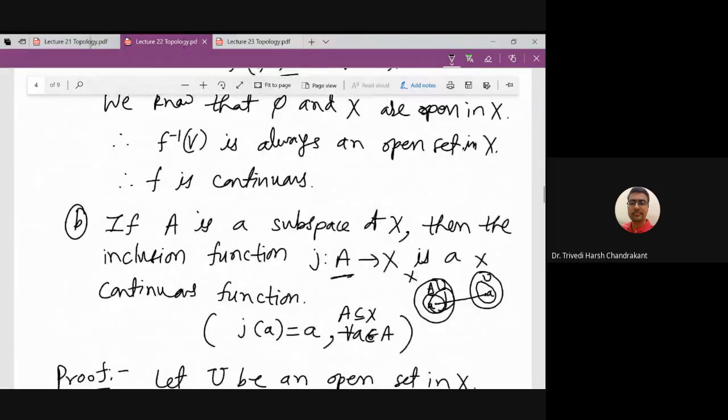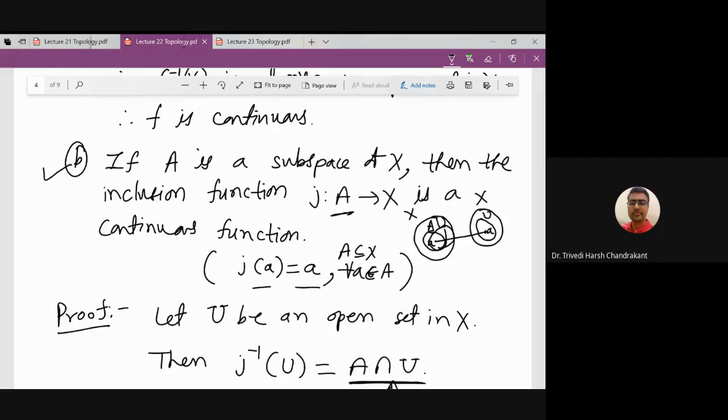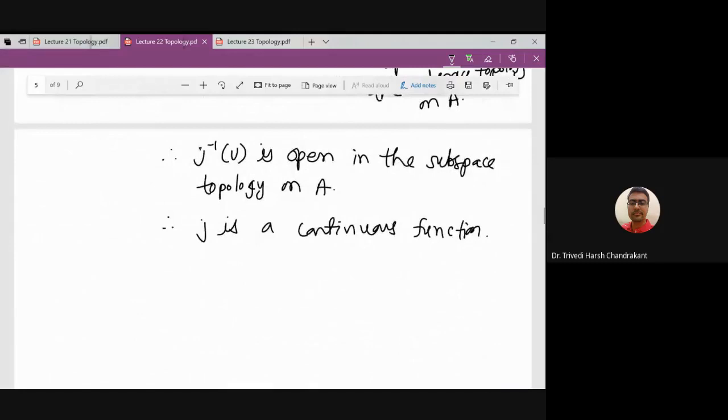In the second part, we checked that the inclusion function, sending every element to itself, is continuous. So what is the inclusion function? Basically, it is a kind of identity function because it sends the same element to the same element, but its domain is a subset of the codomain. So A is a subset of X here. So that is the inclusion function. Such a function is continuous. That is what we discussed in the last lecture.